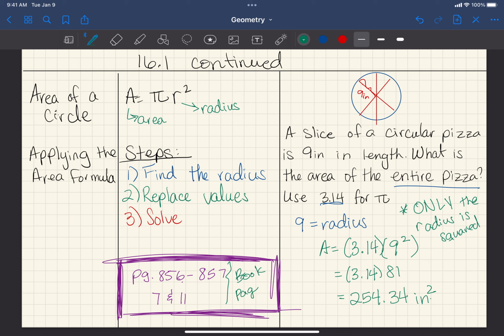Remember, if you want to find them in the online textbook, maybe you leave your book over the break. This is section 16.1. So you have to go to section 16.1 and you'll find the questions at the end of the section. You're going to do questions 7 and 11. One is a circumference and one is an area question. Okay? If you're watching this before the break, please ask me if you're unsure of what you need to be doing for that, and I will be more than happy to answer your questions. Okay? So, good luck.